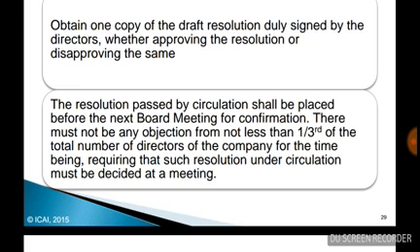See, if loans or guarantees or investments made in other companies exceed 60% of the paid up capital or free reserves, or 100% of the free reserves, whichever is higher, then prior approval of shareholders has to be taken through a special resolution.